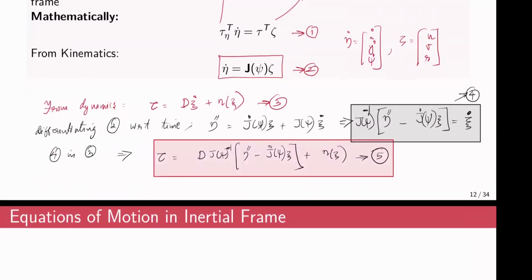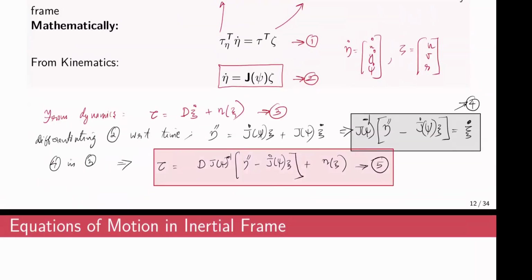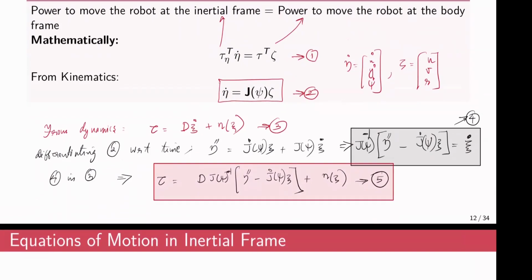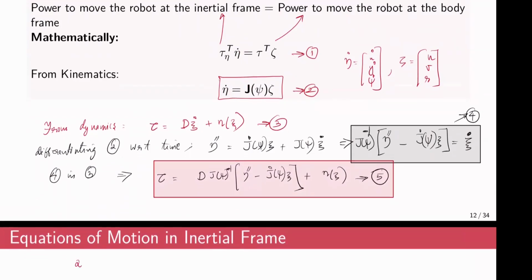Now if you substitute equation 2 into equation 1, instead of eta dot I substitute J of psi multiplied by zeta. So substituting 2 in 1, you will get tau eta, the torque or the wrench vector in the inertial frame of reference: tau eta transpose J of psi multiplied by zeta is nothing but tau transpose zeta.